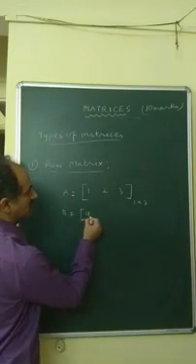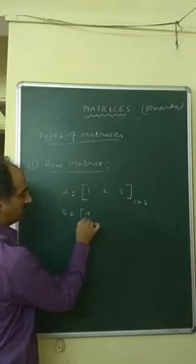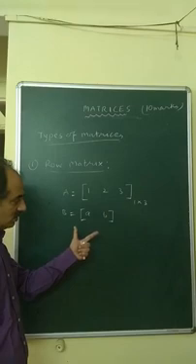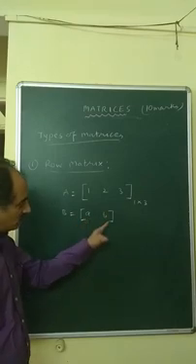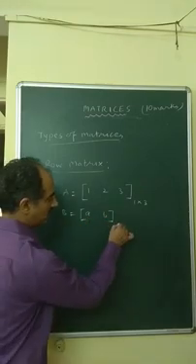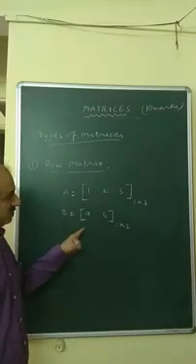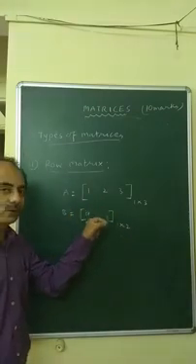Let us suppose 1 row and 2 columns, [a, b]. This is also a matrix. The order of this matrix is 1 cross 2. So in a row matrix there is only 1 row.